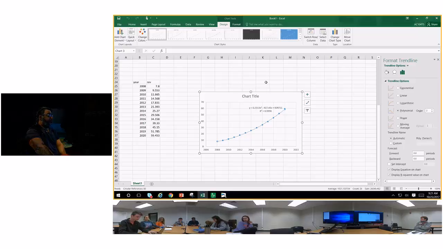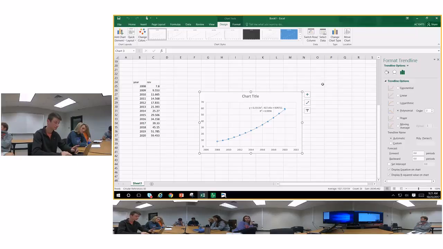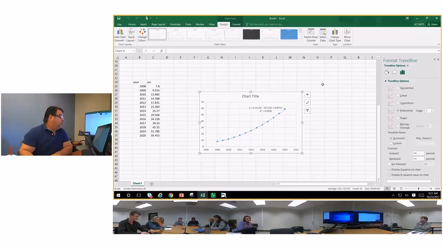Now, what if you wanted to find out the revenue for 2022? That's a good question. Wouldn't you just plug in 22? You would just plug it in, yes. Now, the thing is, let's say y is equal to 0.2313x squared minus 927.45x plus, is that one whole number?